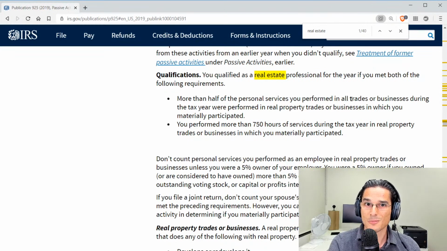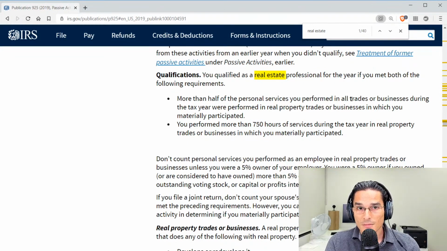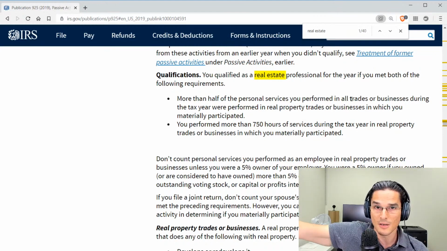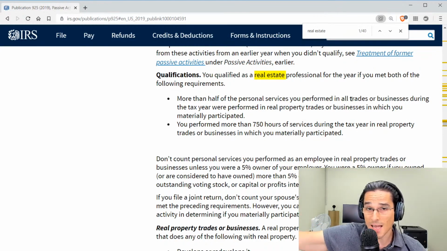The second hurdle is being able to substantiate and keeping proper records. If you can get there, more power to you. In that case, these passive loss limitations are not going to be applicable for those tax years in which you qualify. Now, it's on a year-by-year basis, so don't just assume that if you qualified as a real estate professional 1 year, that that's going to be the case for all subsequent tax years, okay?